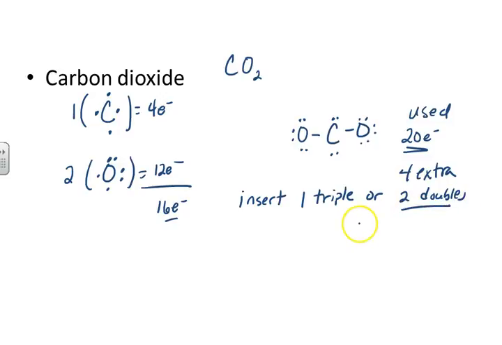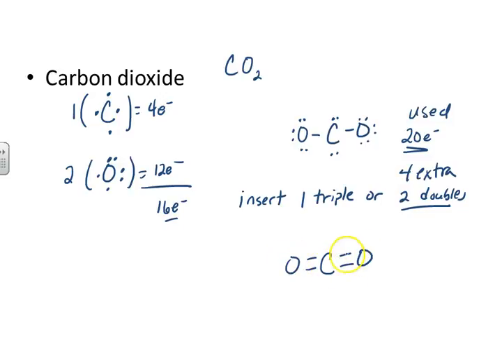We're going to choose 2 doubles because it's more symmetrical, and there's actually other reasons why we would choose that, but we're just going to say try to be symmetrical when you can. So I'm going to insert double bonds between the carbon and each oxygen.